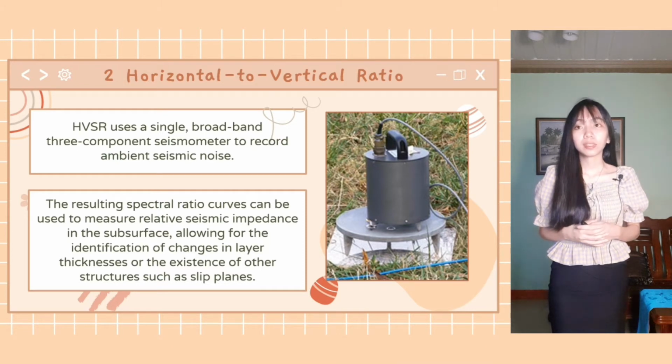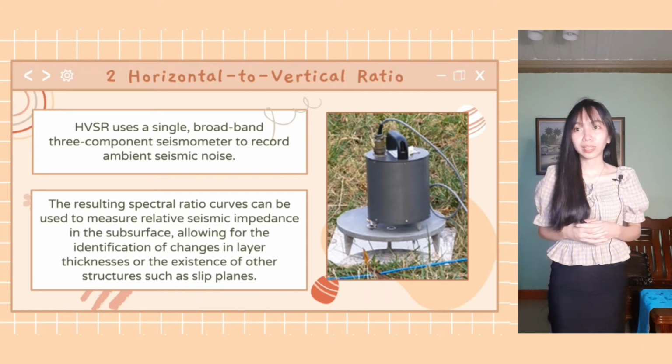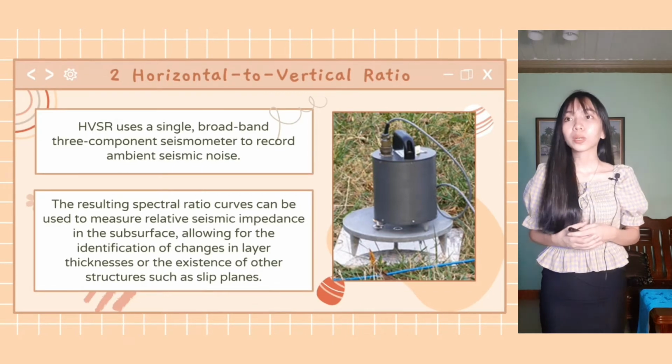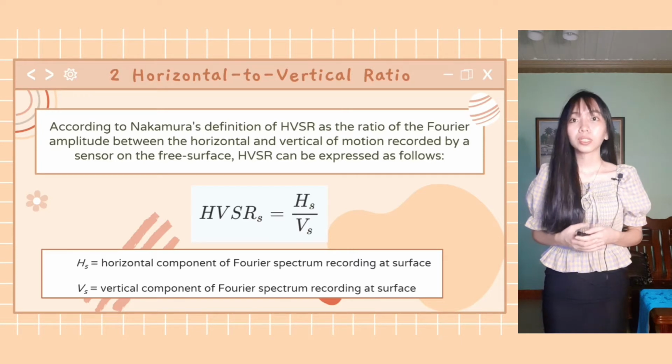HVSR uses a single broadband 3-component seismometer to record ambient seismic noise, just like what you can see on your screens right now. Moving forward, according to Nakamura's definition, HVSR is the ratio of the Fourier amplitude between the horizontal and vertical components of motion recorded by a sensor on the free surface.